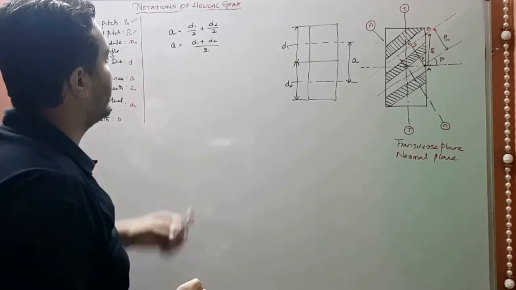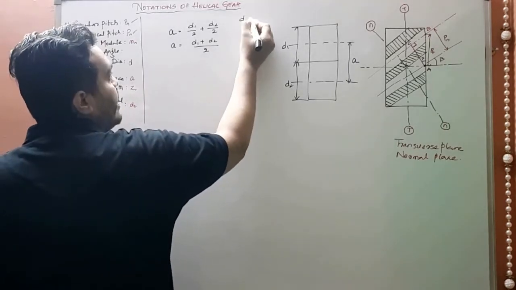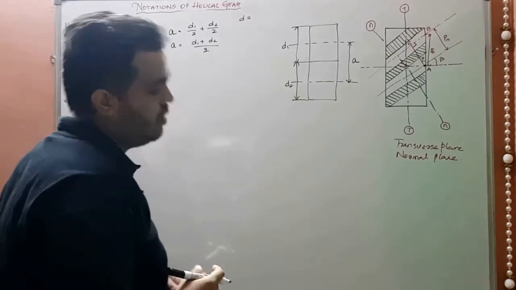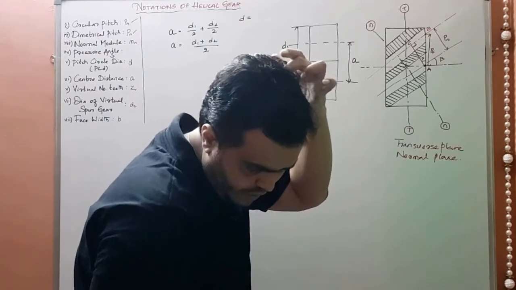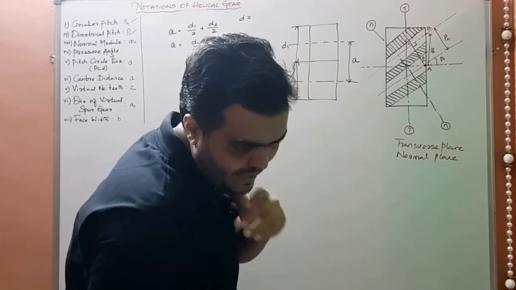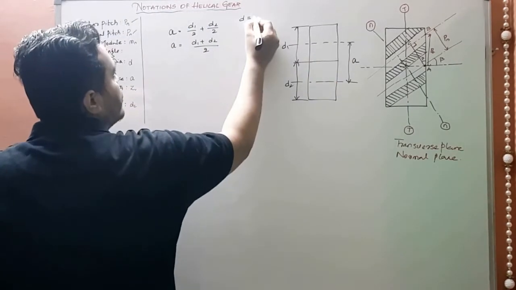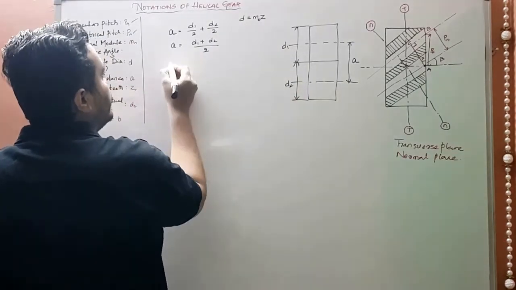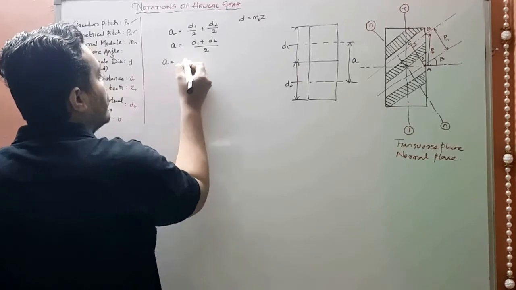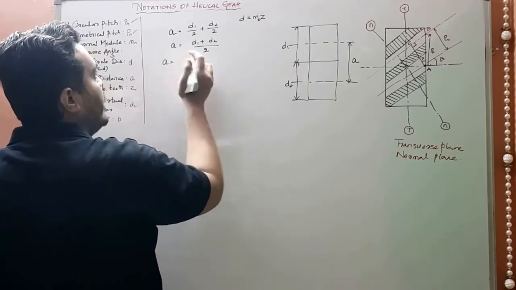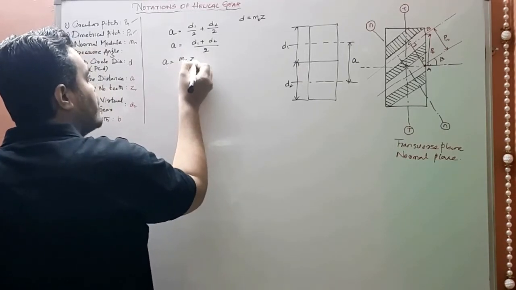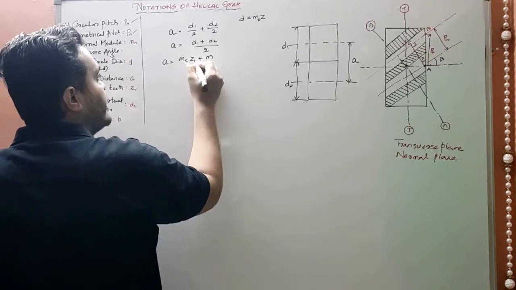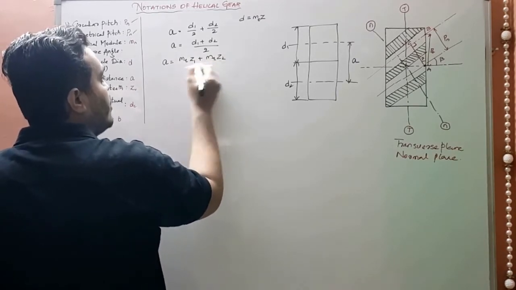So you have the pitch circle dia D, which you have solved. You have got an equation that D is equal to m into z, right? So mt into z. You just substitute with respect to that suffix. A is equal to (mt into z1 plus mt into z2) divided by 2.